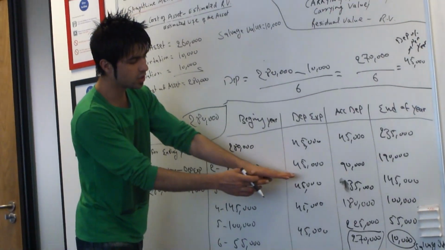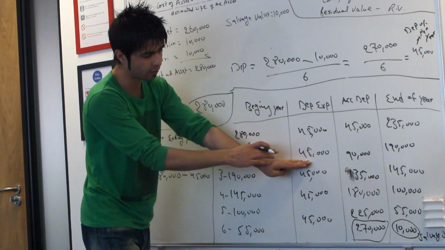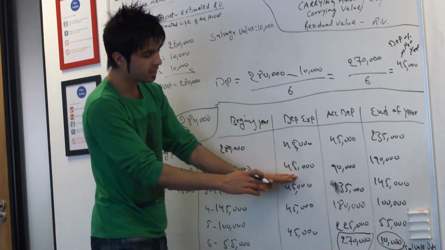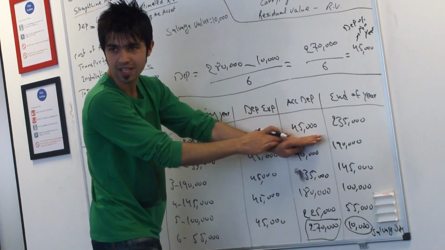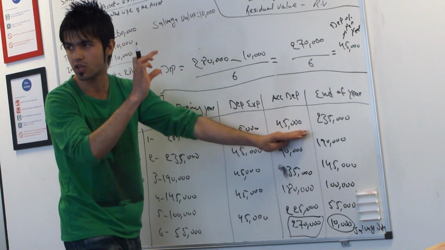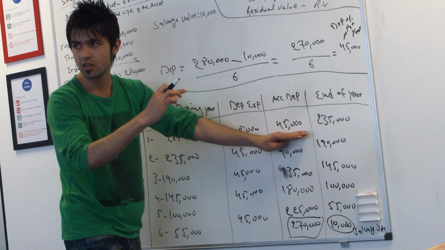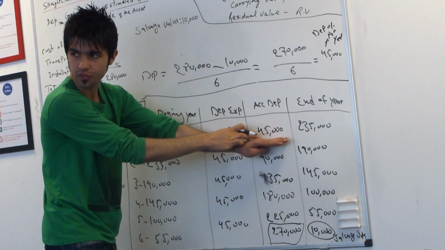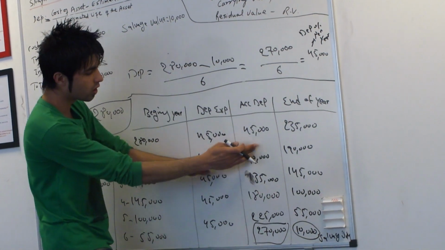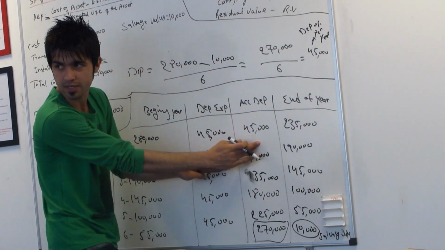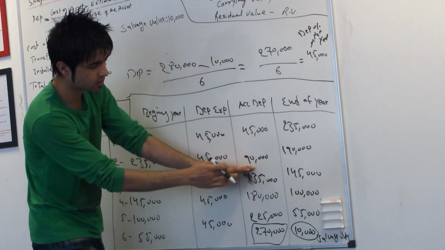Now see, the depreciation expense for each year is 45,000. Now in here, how much was it before? 45,000. I said that in accumulated depreciation we always add each year. 45,000 for the first year and 45,000 for now. When we calculate this one with this, how much do we get? 90,000.